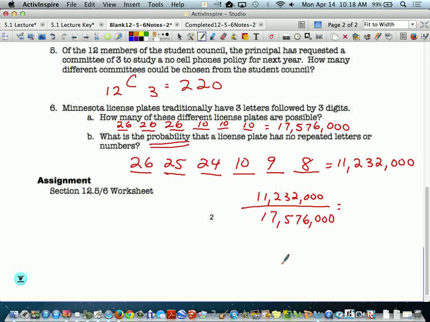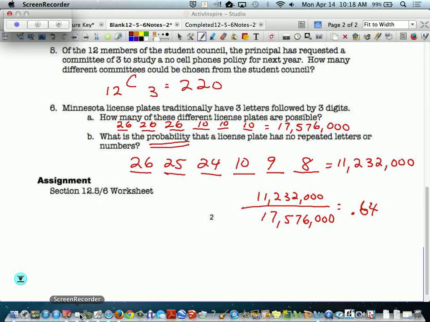What's the decimal for that? 0.64? Yeah. Okay. So about a 64% chance that the license plate number will not repeat. About a 36% chance that you see a repeat. So almost 1 in 3 license plates have some number or letter repeated.